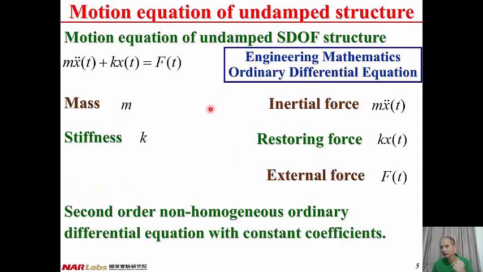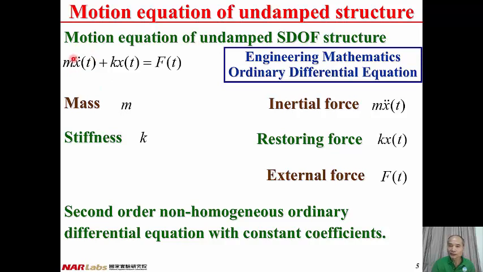From engineering mathematics, this equation can be considered as second order because the highest derivative is second order, non-homogeneous because the forcing function is non-zero, with constant coefficients because the mass m and stiffness k are constants. They do not vary with time.